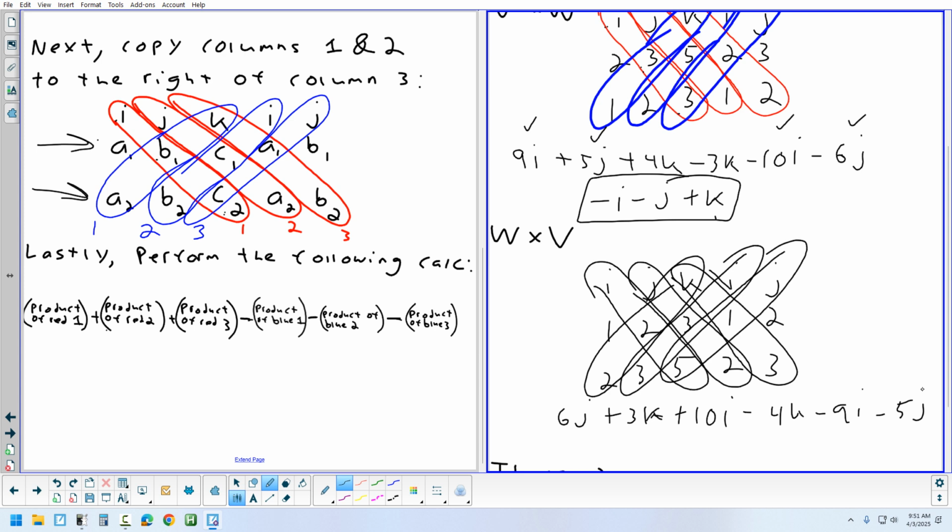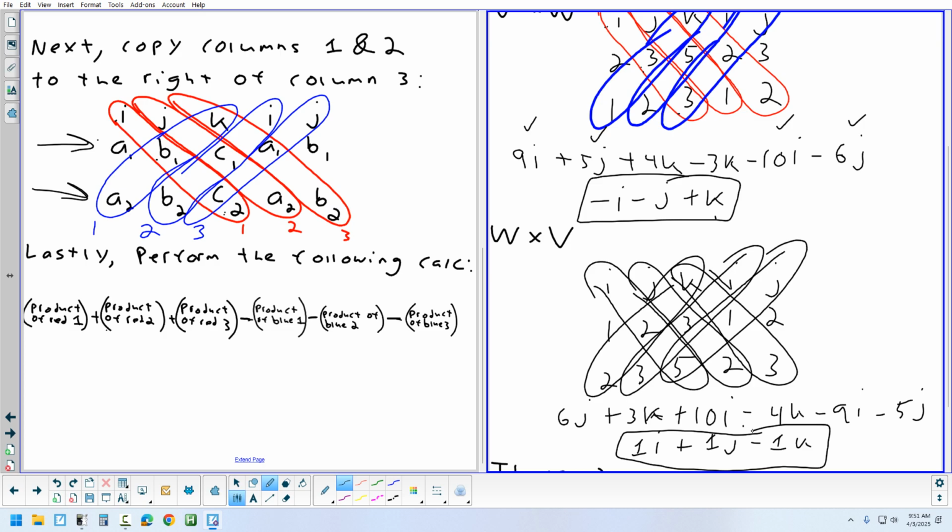Look at what you get. 10i minus 9i, that's just 1i. 6j minus 5j, just plus a j. And 3k minus 4k, minus 1k. It's inverted. Yeah, it's the opposite of the vector you got the first time.